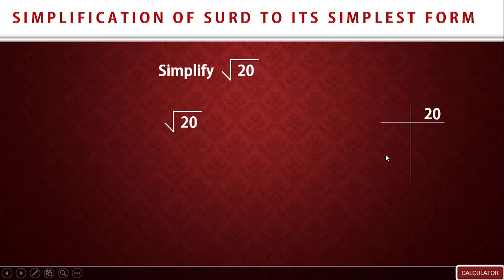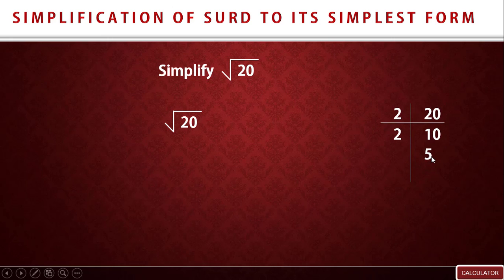That smallest number is 2. 2 can go in 20 how many times? That is 10 times, because 2 times 10 will give 20. Then you ask yourself again, can 2 still go in 10? Yes, 2 can go in 10 how many times? That is 5 times.